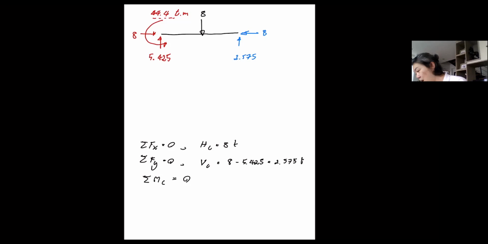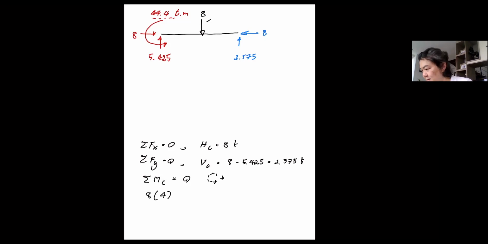Okay, so now we have, let's say, counterclockwise as positive. Okay, so I'm going to begin with this 8 tons external load. So that's 8 multiplied by 4, right?